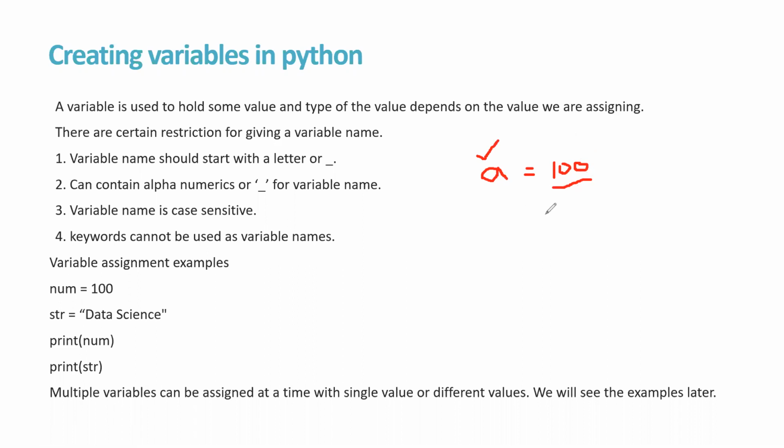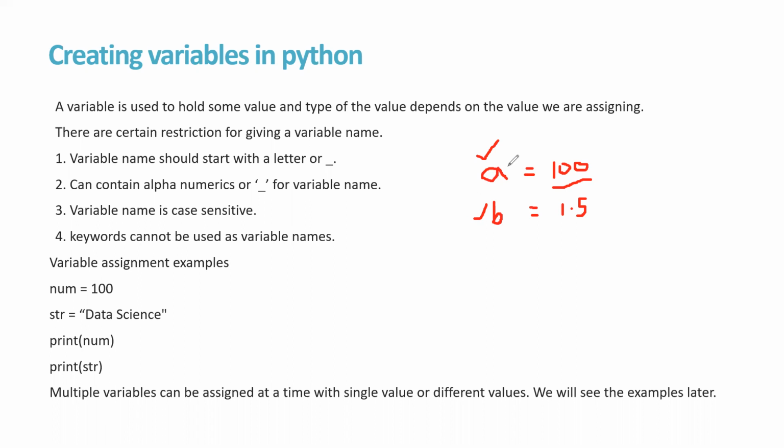Suppose I'm declaring a variable b, and I say that my value is 1.5. This is a float value or a decimal value. When I'm assigning 1.5, the data type of b will be float. So this is how we declare variables in Python.